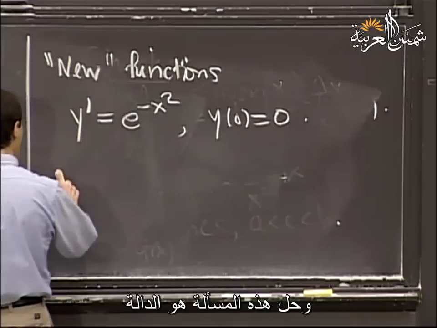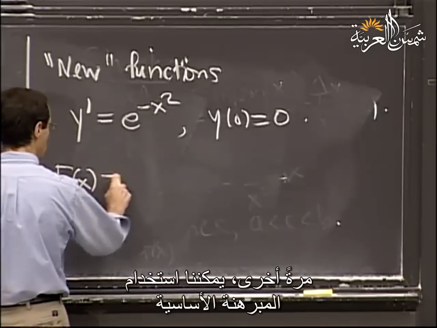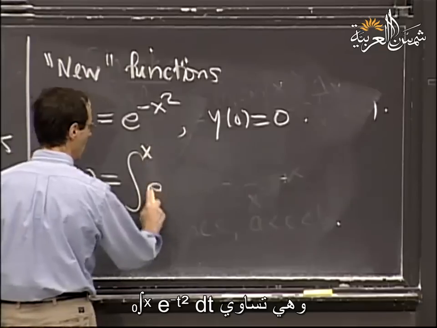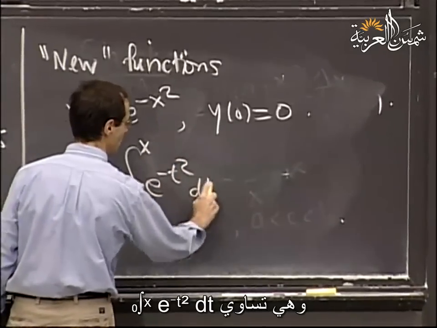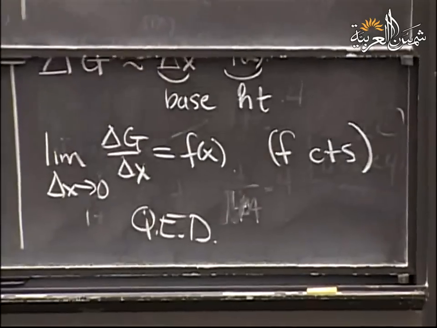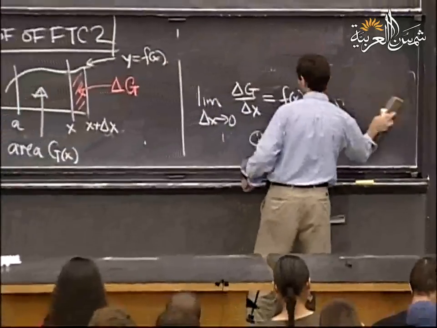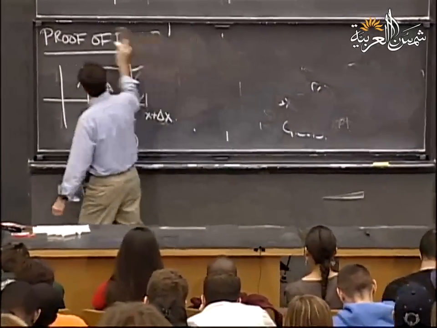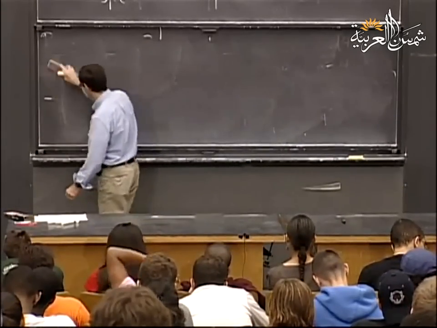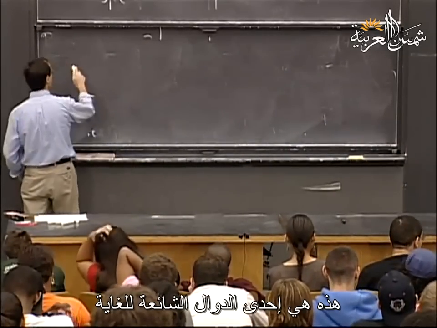Now, the solution to that is a function which, again, I can write down by the fundamental theorem. It's the integral from 0 to x of e to the minus t squared dt. This is a very famous function.